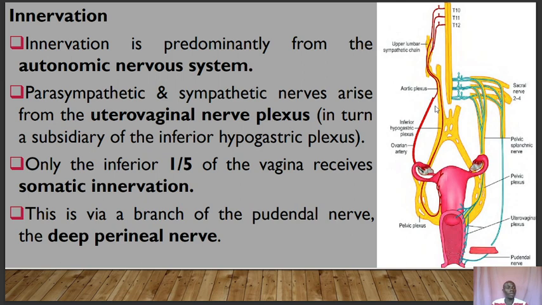In terms of innervation, the innervation is predominantly from autonomic nervous stimulation. So parasympathetic and sympathetic nerves arise from the uterovaginal nerve plexus, which is a subsidiary of the inferior hypogastric plexus. It's good to know that only the inferior part, which makes up about a fifth of the vagina, receives somatic innervation.